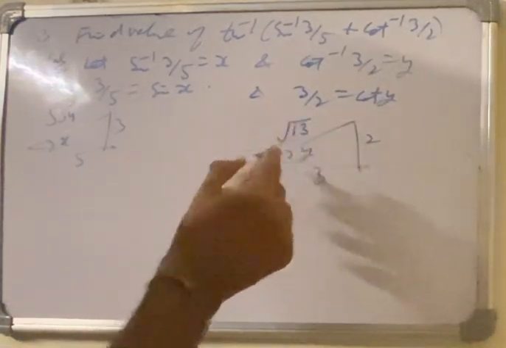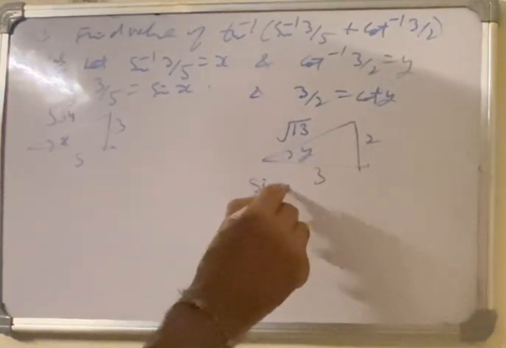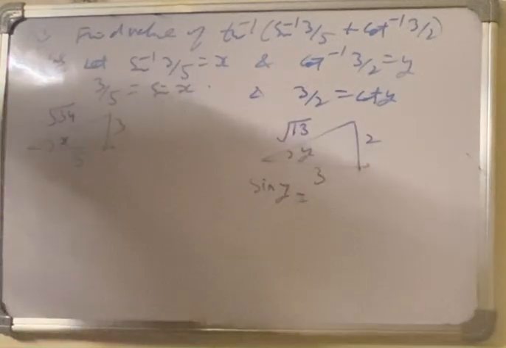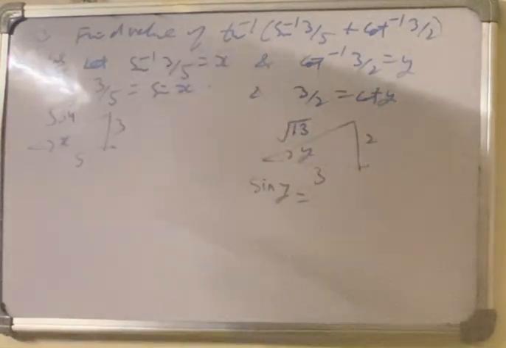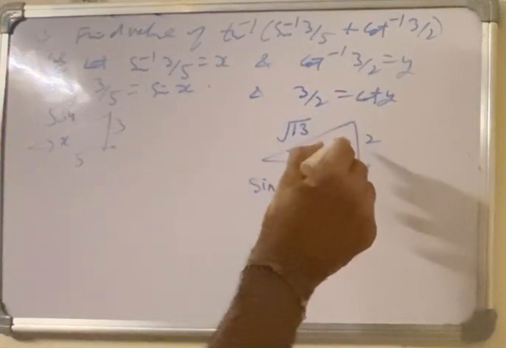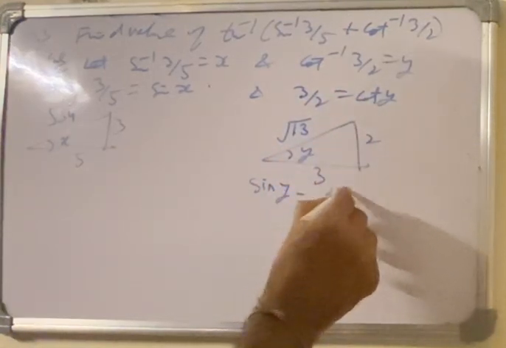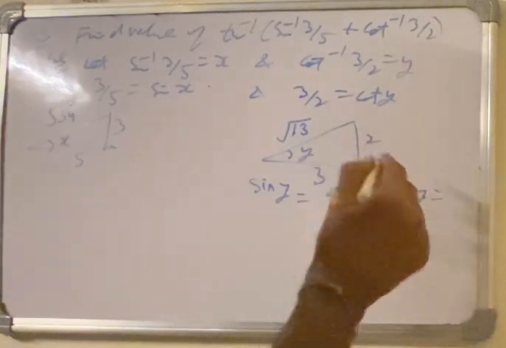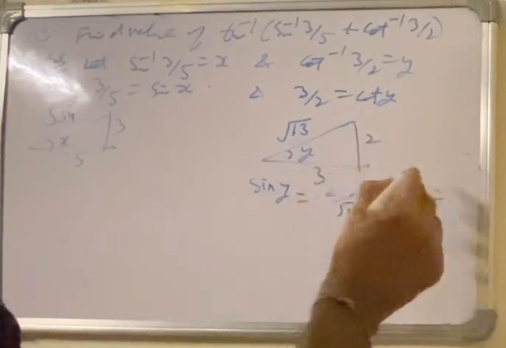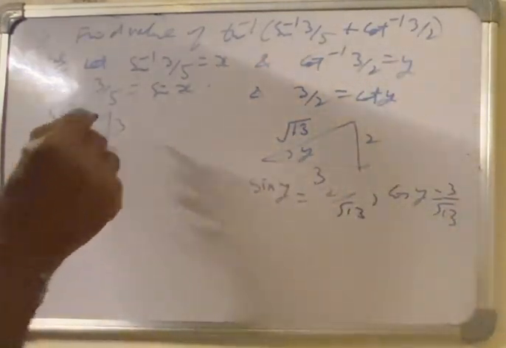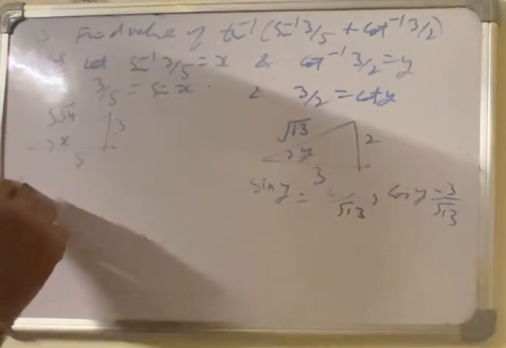Therefore, sin y is 2 over square root 13. Cos y is 3 over square root 13. Similarly, here sin x is 3 over 5.